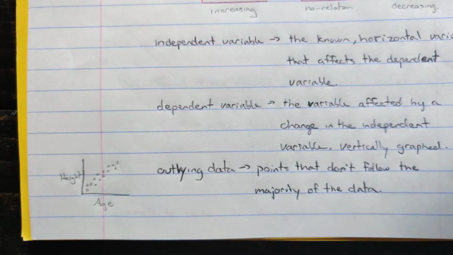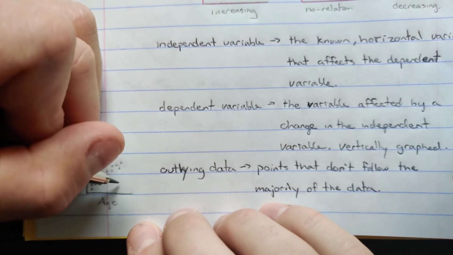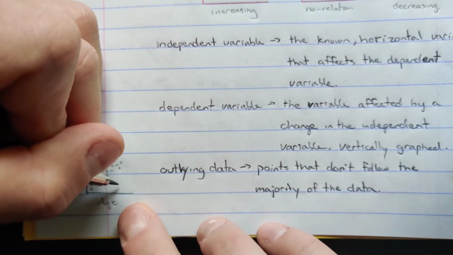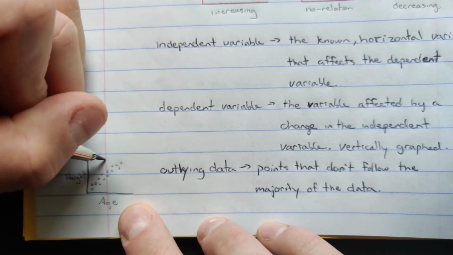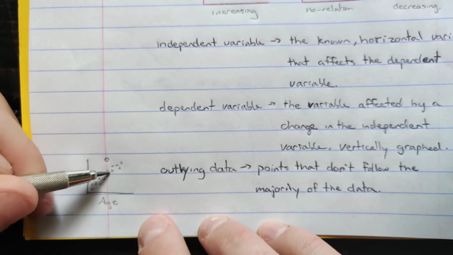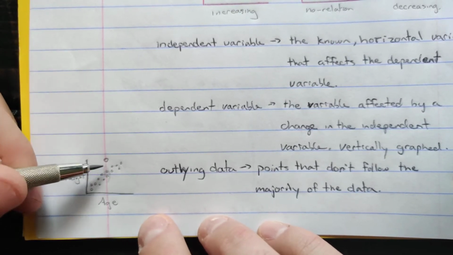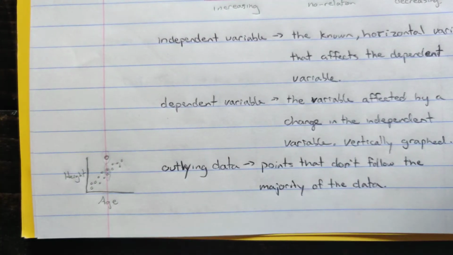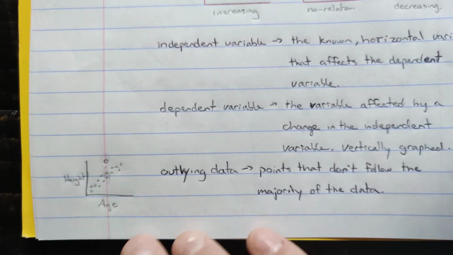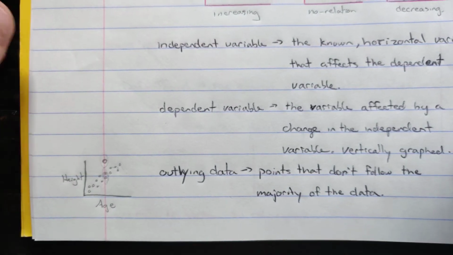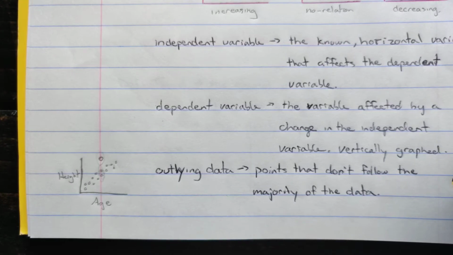They'll be a little staggered around in that. But maybe you have someone who is super tall. At this age here, where people are normally this kind of height area, this guy's way up there and he's really tall. That would be an outlier point. It doesn't really fit with the rest of the data, but it is a valid point of data. So when we hear the term outlier, that's what we're talking about.